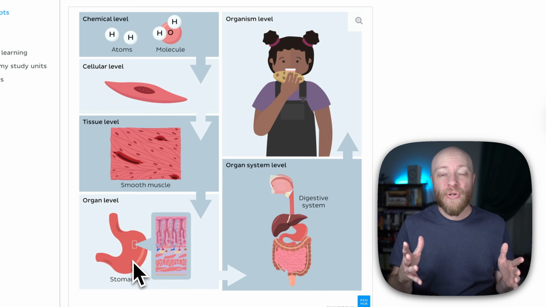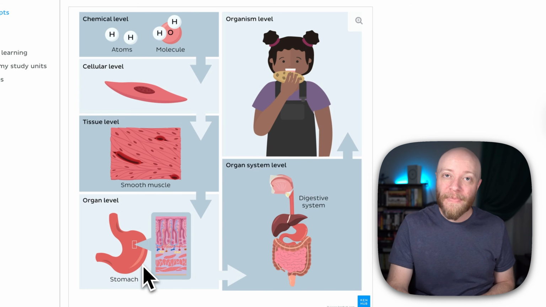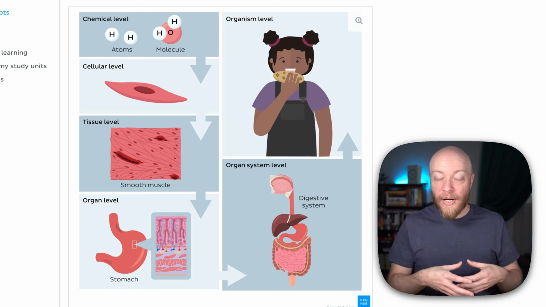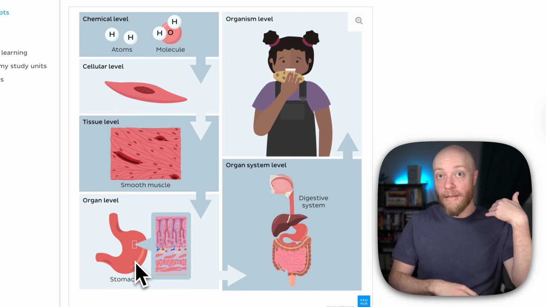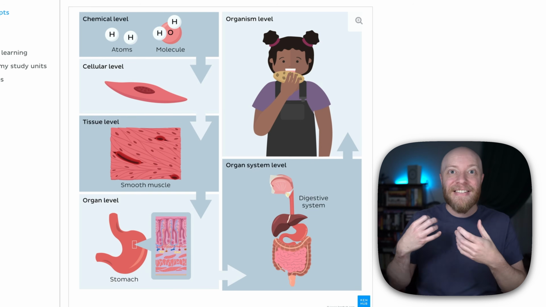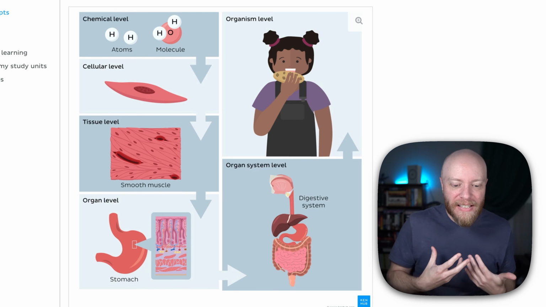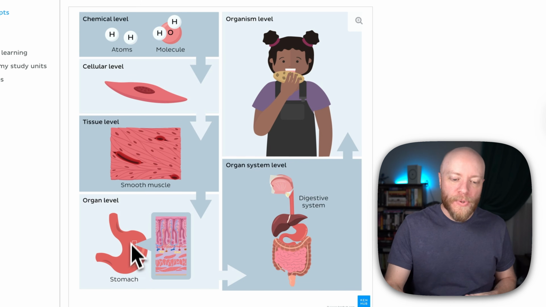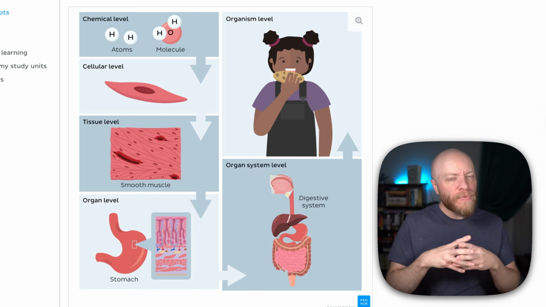But that's not the only tissue in there. There's epithelial tissue. Right? And the epithelial tissue is going to have a different goal. It's going to be on the surface of the stomach, on the inside of the stomach. It's going to be secreting mucus. It's going to be secreting acid. And when you start breaking these things down, you start to see that you have different tissues working together for a set of goals, right?